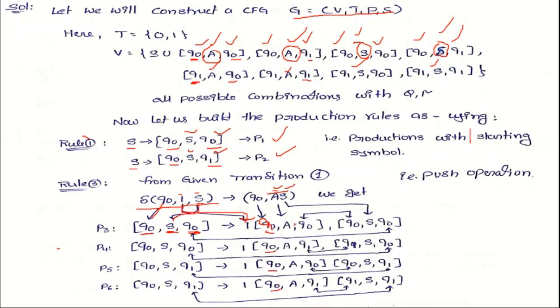Currently, what is the stack symbol? First the top of the stack, A. So we write A in all 4 production rules. The next state, we assume Q0. So on top of the stack A, we go to the next state, which is also Q0. Then we consider the next top of the stack from this state. These 2 must be common.